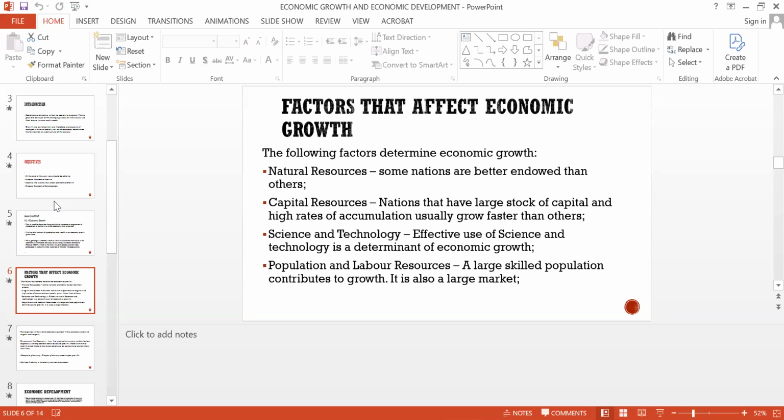Countries that have a skilled population, not just population like you have in Nigeria, where from one section of the country they are breeding bandits in the name of almajiris and all this stuff, where people are just giving birth to children who turn out to be bandits. No, in a serious country, a large skilled population contributes to growth.